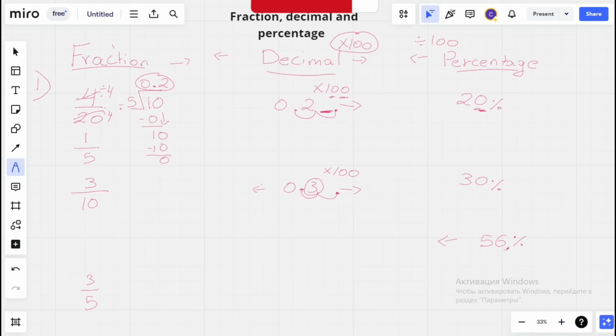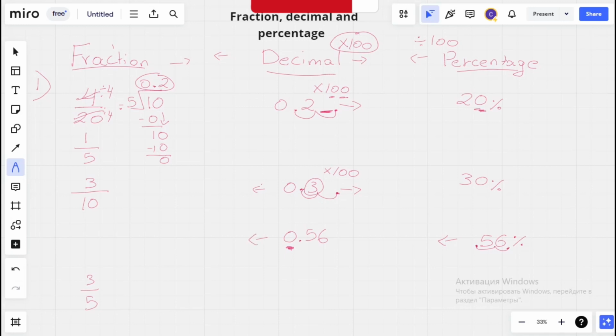How many zeros do we have? 2, 1, and 2. And remember, in division, you have to write the 0.56. If there's no number, you put what? A 0. Okay? Now that we have our decimal, let's convert it into a fraction.